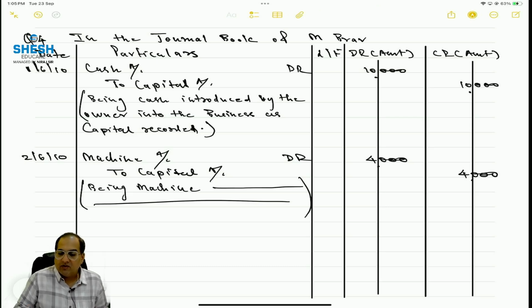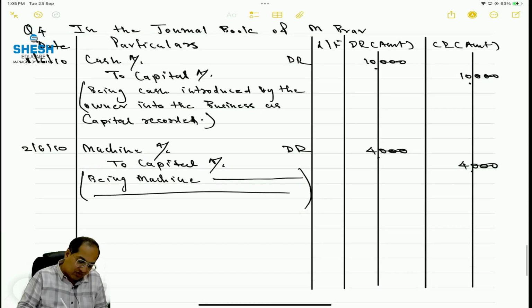Next. Brought furniture worth rupees 6,000. Tell me, which two accounts are affected? Who is bringing? Owner. So owner's account we write, or that's what we represent by capital account. So on 10th of June, which two accounts are affected? Furniture account and capital account. Furniture is coming in. Debit what comes in.